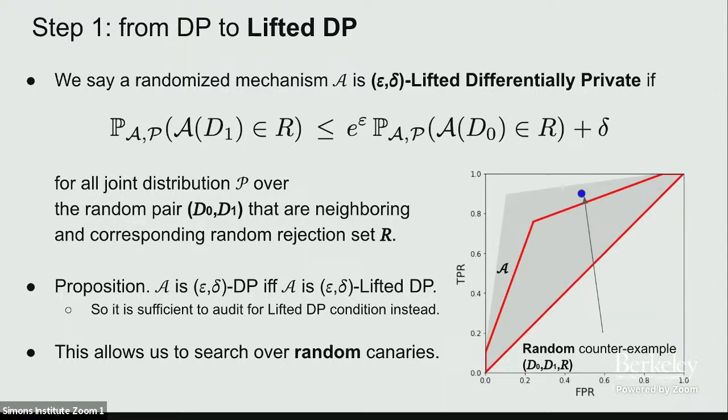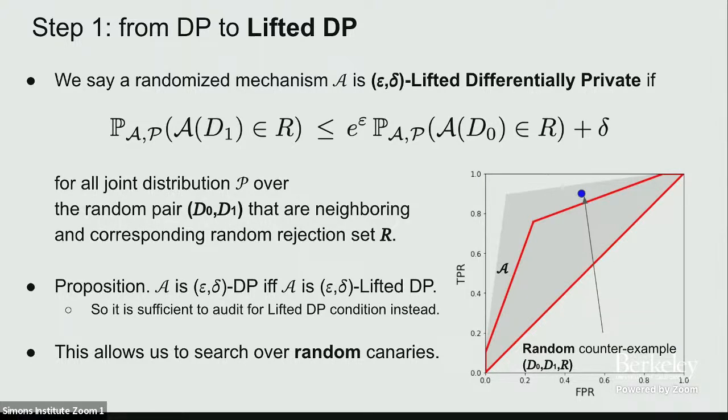So what we're saying is that a mechanism is called epsilon-delta lifted DP if it satisfies this thing, which looks a lot like DP. So what is the difference? The difference here is the probability is not taken just over the randomness of the algorithm. It's also taken over the randomness in the two neighboring data sets, D0 and D1, and also the rejection region.